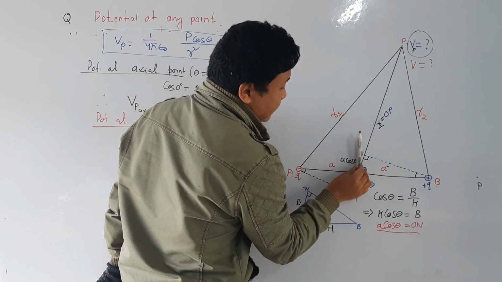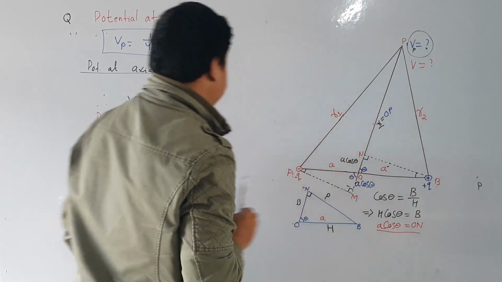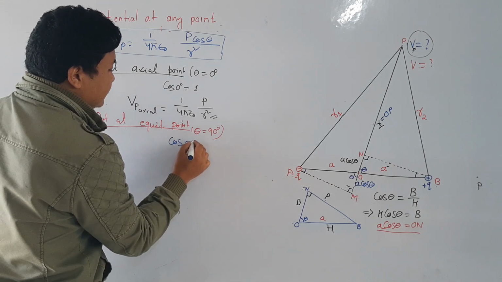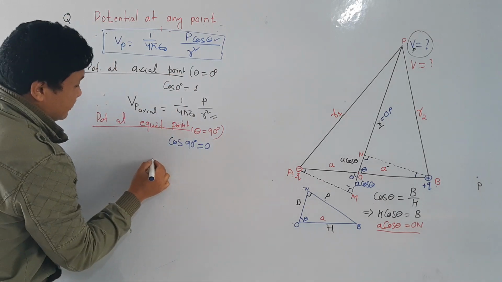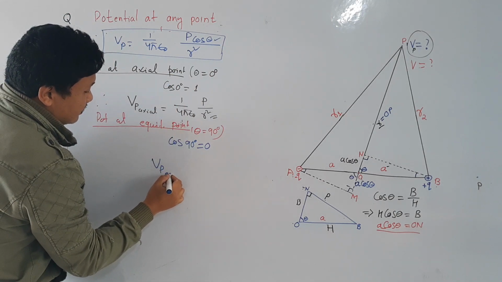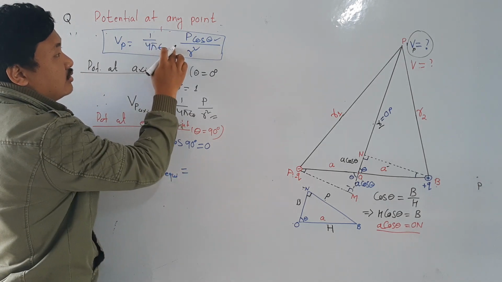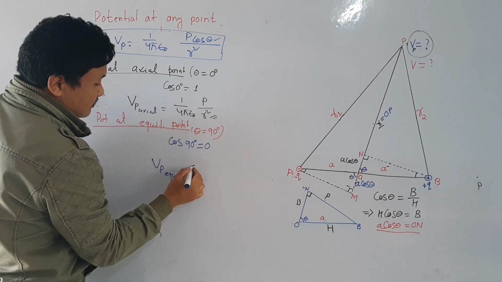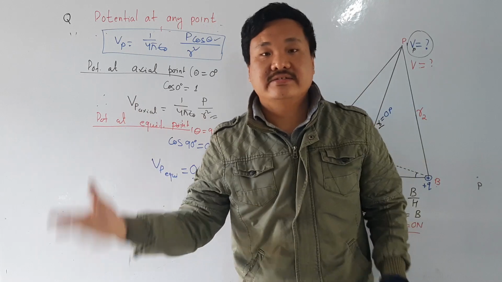I have to make a line like this, and this angle will be 90 degree. So cos 90 will be how much then? Cos 90 degree is equal to 0. Here this will become 0. Then V P equatorial will become what? 1 by 4 pi epsilon naught, this is this, and cos of theta has become 0. So this will become 0. Okay. So we have already done this. Very easy. Thank you.